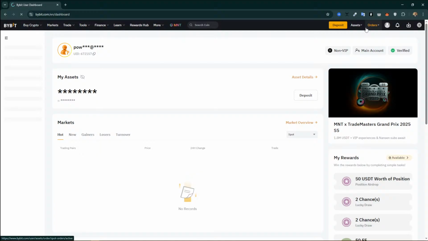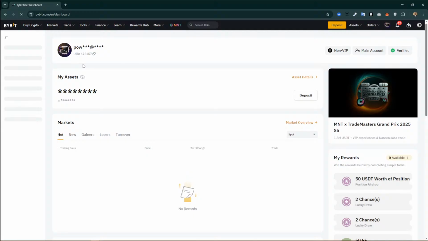So from overview, we are going to see the overview of the account, starting from your account information, your account balance, and then this is where you can deposit from.